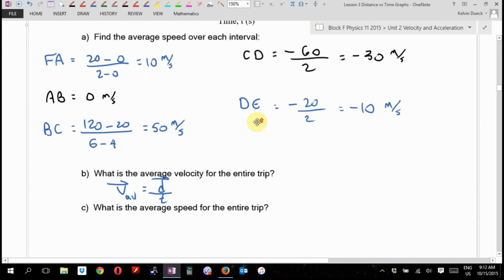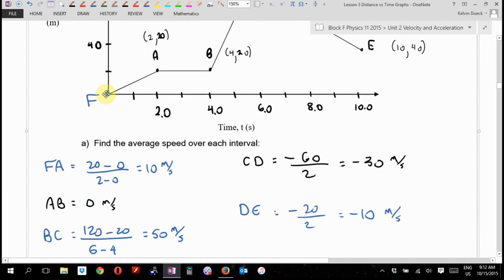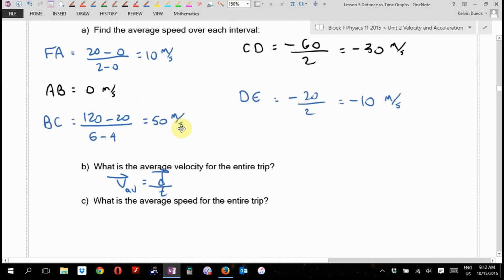Where did we start? 0. Where did we end? 40. What's our displacement? 40. How much time? Oh, I can do that in my head too. Alex, in your head, 40 over 10? 4 meters per second.